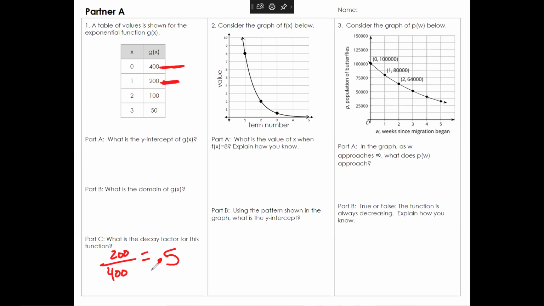Okay, so that's going to have a decay factor of 0.5. So when you are asked this question, it's your second number divided by your first number. If you're given a graph on this and they ask you for the decay factor, it would be your second number divided by your first number. So this would be 2 divided by 8. Does everybody see that? Yes, no, maybe.